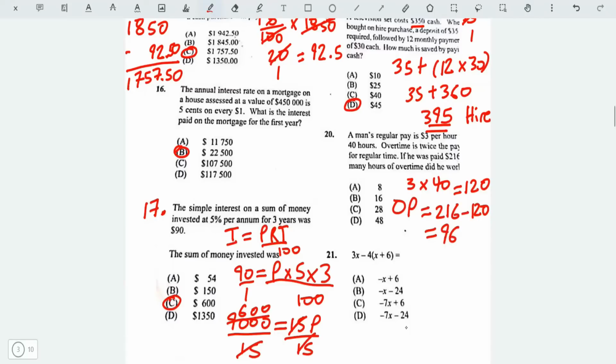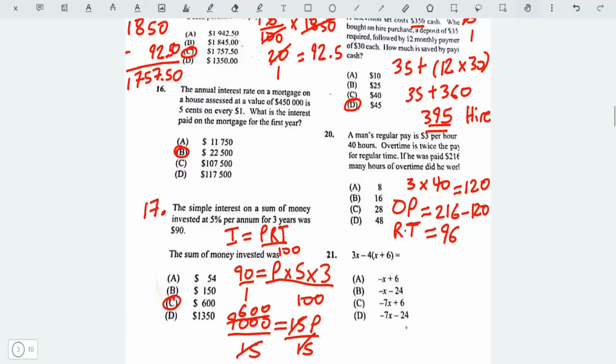That's his overtime pay. Now, if he's being paid $96, remember that to get paid, it's how many hours you work times the rate. So his overtime pay is equal to rate times time. Now, how many hours did he work overtime? That's what we want to find.